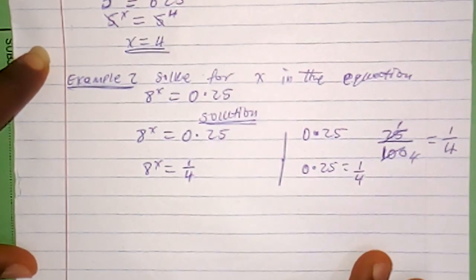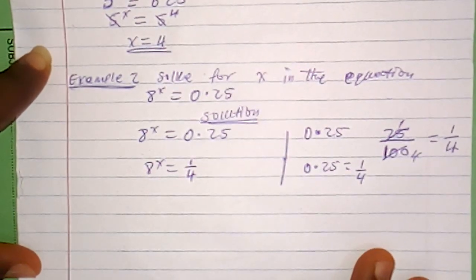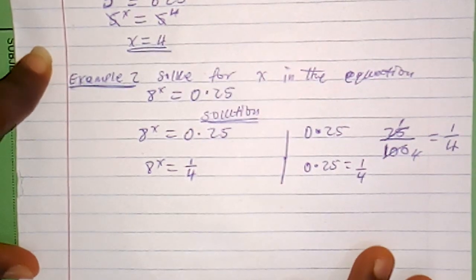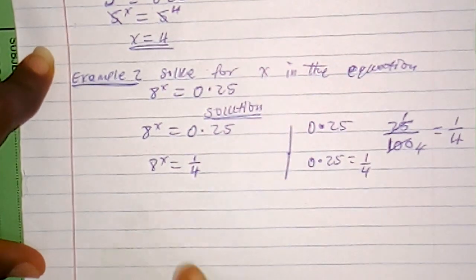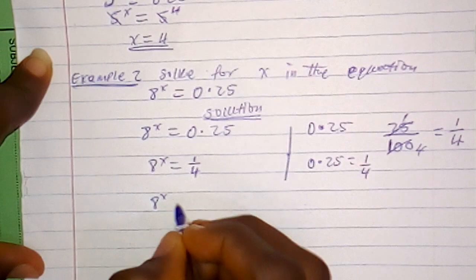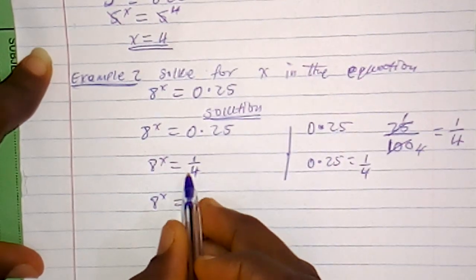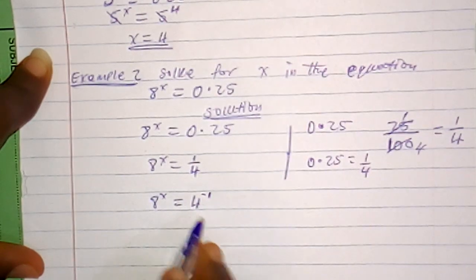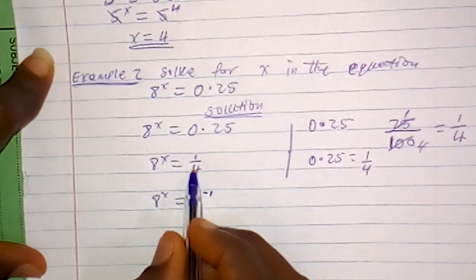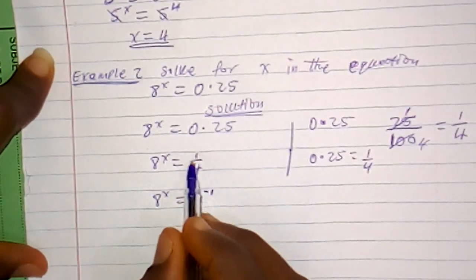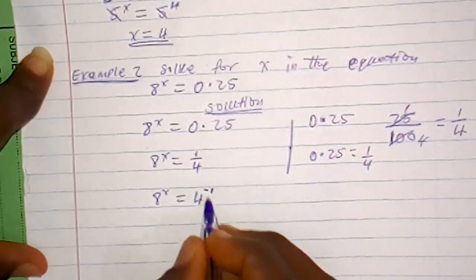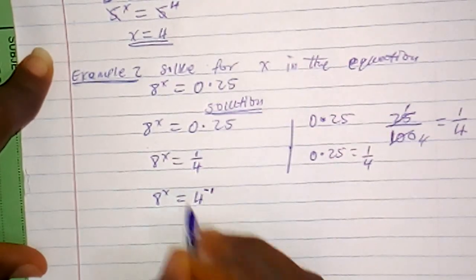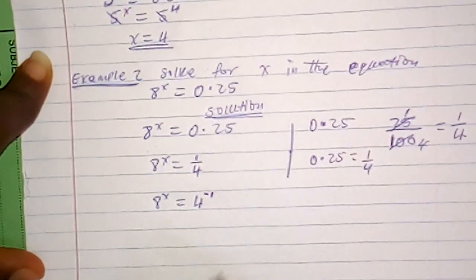I believe I explained that topic precisely, and I laid emphasis on how to convert to a negative power. So 8 raised to the power x equals, since it is a fraction, we take the negative power: 4 raised to the power minus 1. With this negative power, I have removed the fraction. Now we have the whole number 4 raised to the power minus 1. That's how we convert.